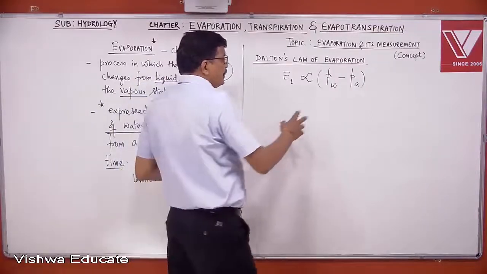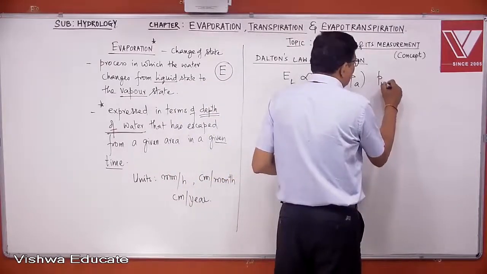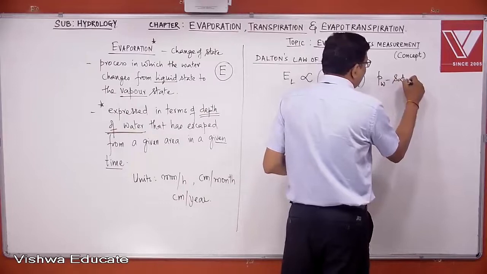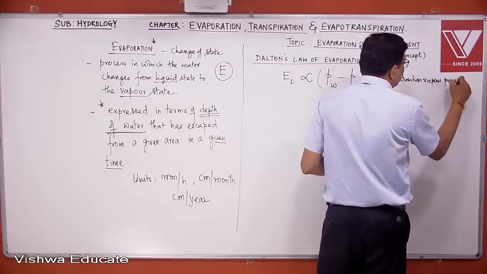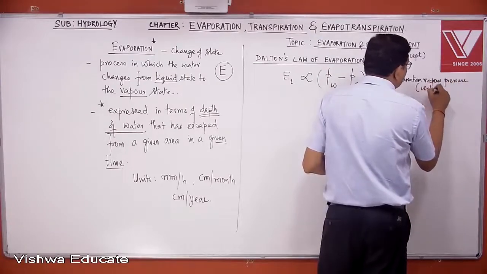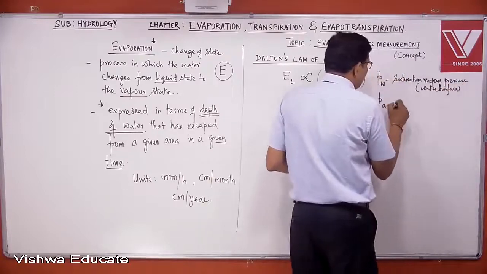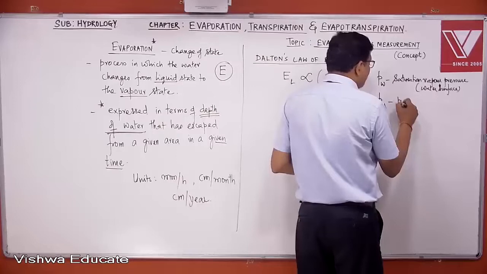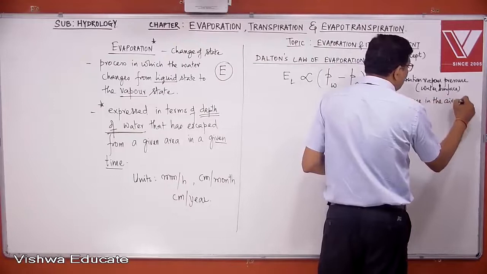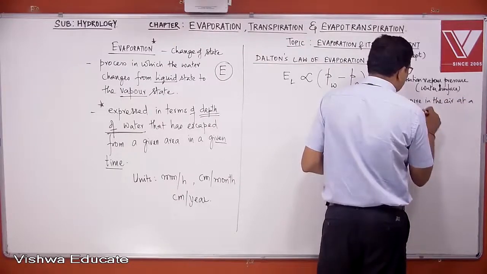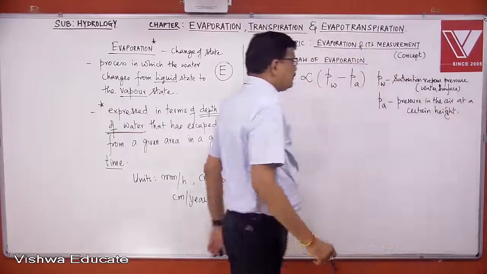So the rate of evaporation is proportional to these two pressure values. Pw is the saturation vapor pressure at the water surface, whereas this Pa is the pressure in the air at a certain height. Okay, that is specified height.